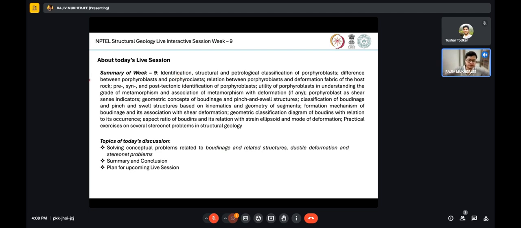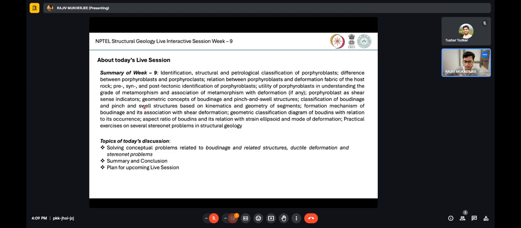We mostly learned about identification, structural and petrological classification of porphyroblasts, the difference between porphyroblasts and porphyroclasts, the relation between porphyroblasts and deformation fabric of the host rock, that is pre-, syn-, and post-tectonic or post-kinematic identification of porphyroblasts, utility of porphyroblasts in understanding the grade of metamorphism and association of metamorphism with deformation, if there is any. And we also learned about utilizing porphyroblasts as shear sense indicators.